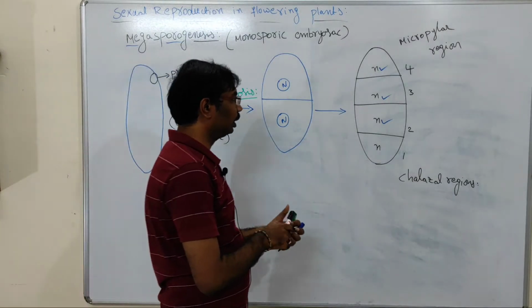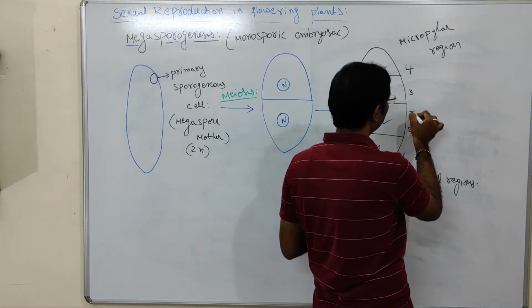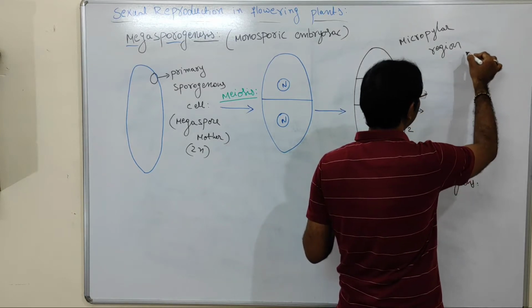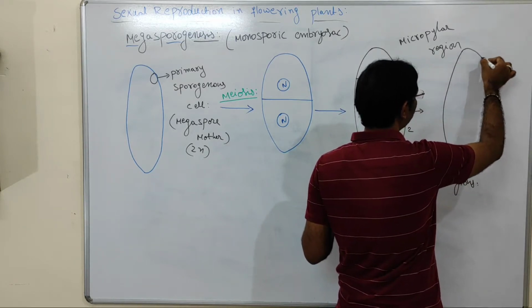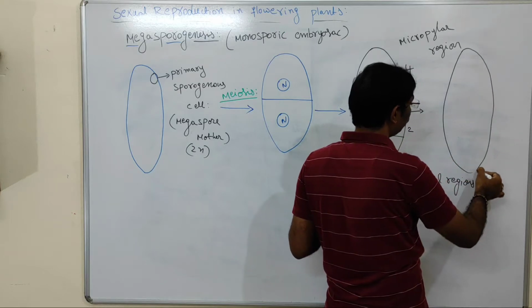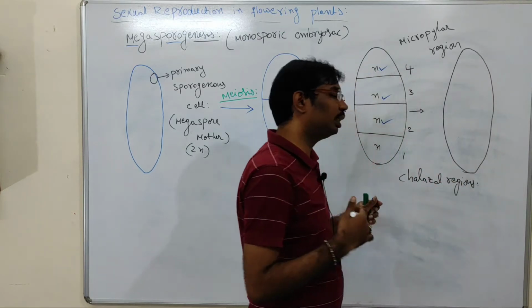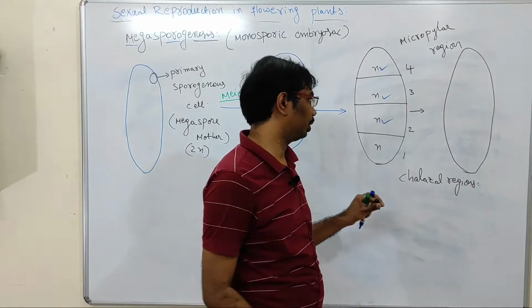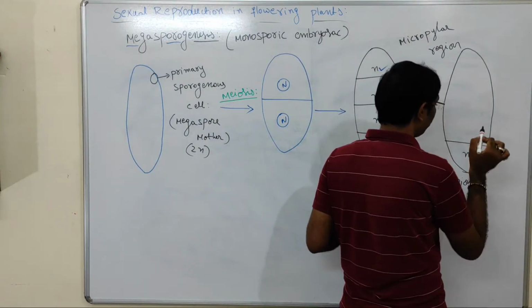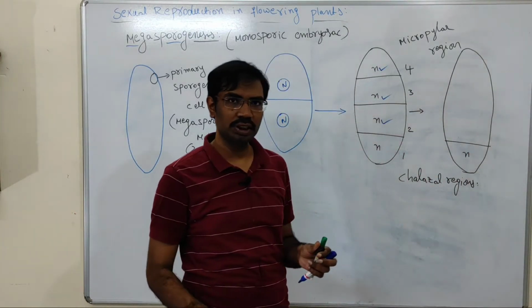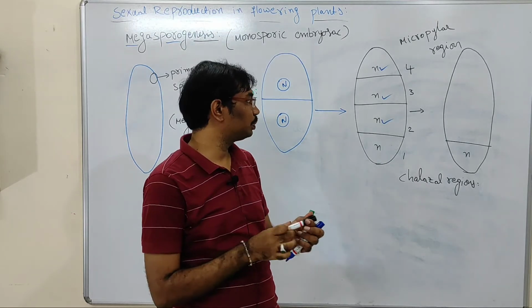In the next diagram, see here, 3 cells are present towards the micropylar region. The 3 cells near the micropylar region completely degenerate. So 3 cells degenerated, but only one megaspore is there. Which megaspore is present?